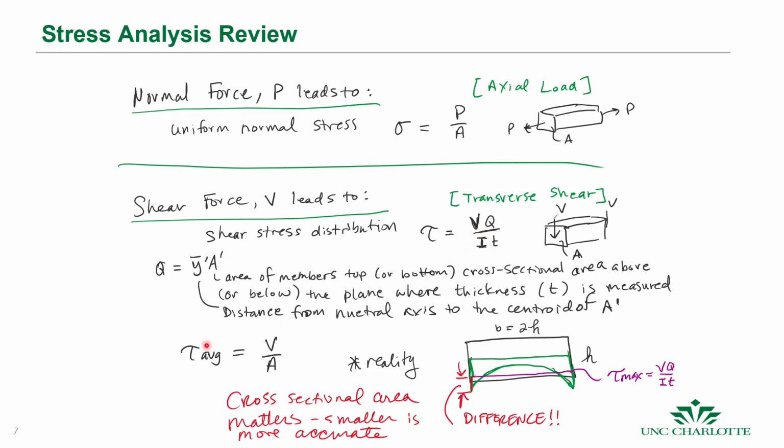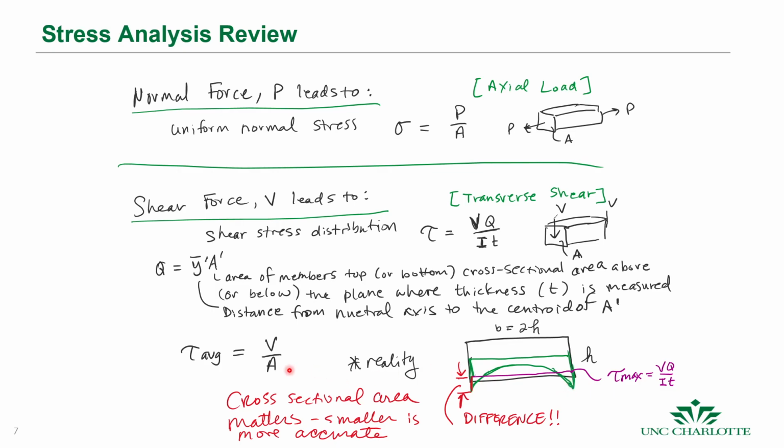If we just use the shear stress V over A, that's our average shear stress. But in reality, there's a difference depending on how big the cross section is. It turns out that the calculated shear is actually going to be smaller than the actual shear that you see at the ends.